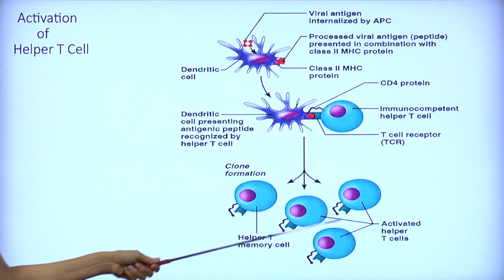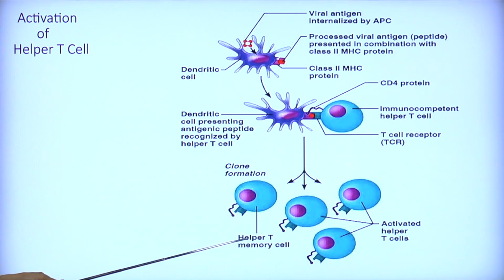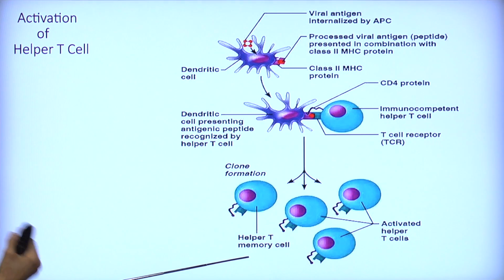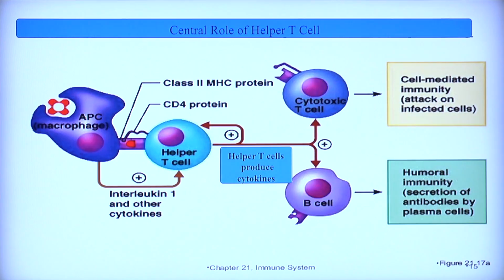Some of them will not be activated helper T cells. They will become memory T cells, the same idea. So if there is another attack with the same antigen, the memory T cells are going to be activated a lot faster and launch the immune attack. This is what the helper T cell does.